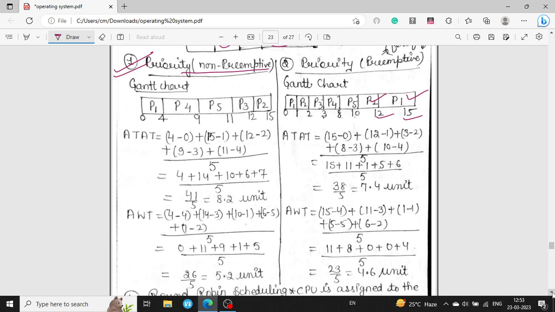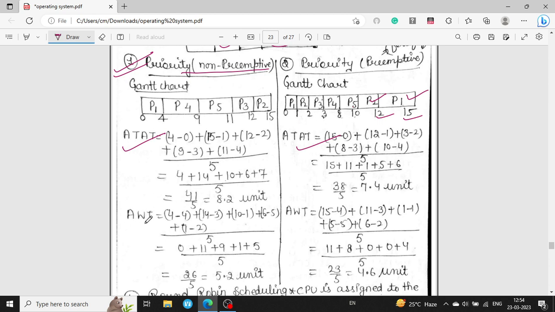You can see in non-preemptive P1 can complete its task within 4 seconds, while in preemptive it takes 15 seconds. P1 has to wait for 12 seconds, while in a non-preemptive case it does not need to wait for any seconds.